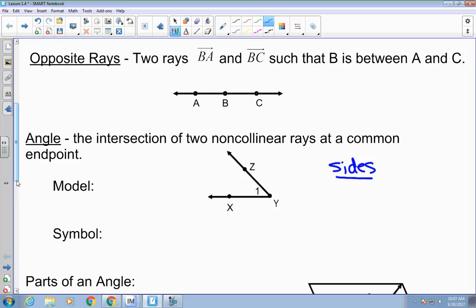Your sides are made up of two rays. They intersect at a point, and that point is called the vertex, and the two rays are the sides. How would you name those sides? Now remember, the side is a ray, so you have to name it as a ray.